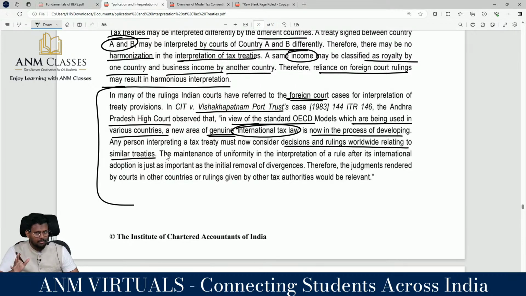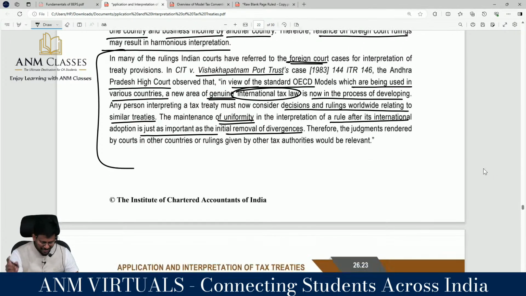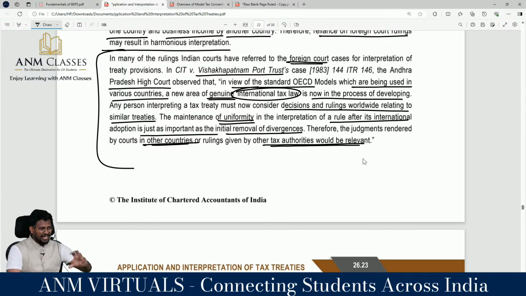We should not decide only by looking domestically at India; we must see how the terms and conditions operate internationally. The maintenance of uniformity in the interpretation of a rule after its international adoption is just as important as the initial removal of divergences. Therefore the judgment rendered by a court in any country, or a ruling given by a tax authority, is also one of the external aids to interpret treaties.